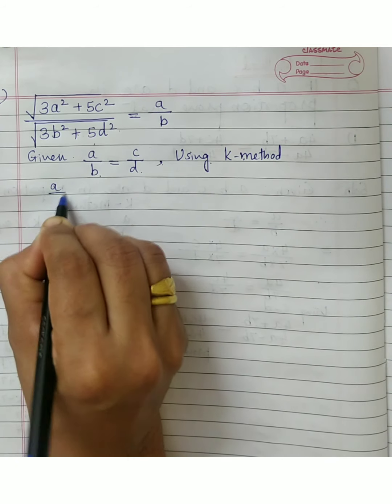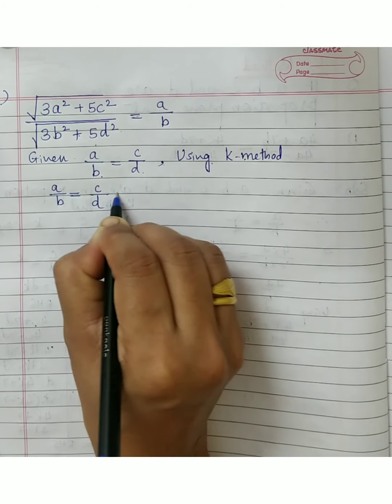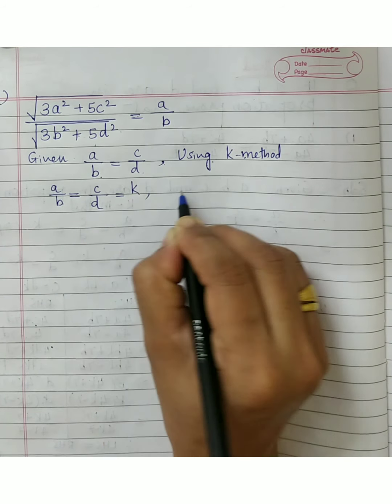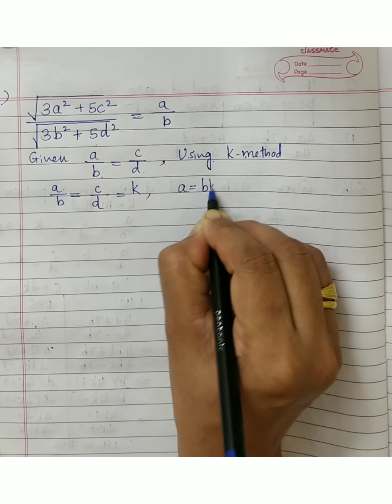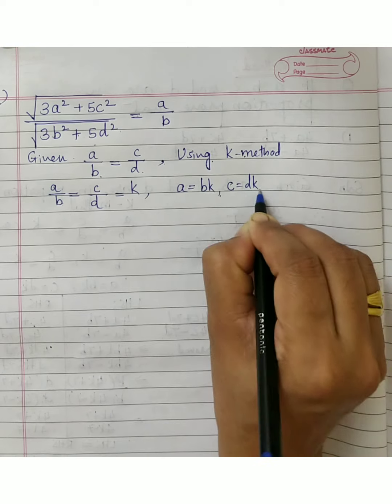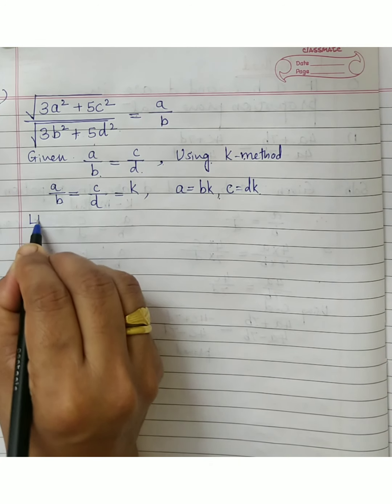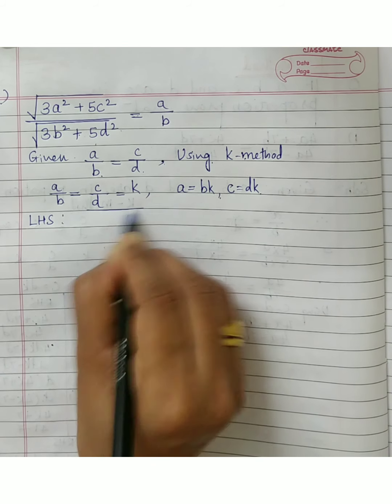So here also I will get a upon b equals c upon d equals k, which gives me a is equal to bk, directly I am writing, and c is equal to dk. Again what I said, I shall start with the LHS. What is the LHS?